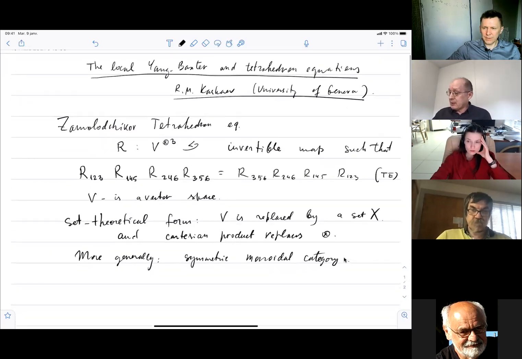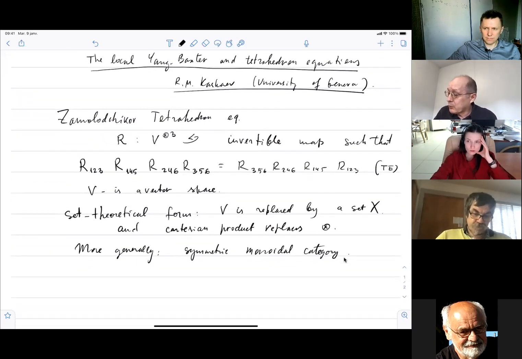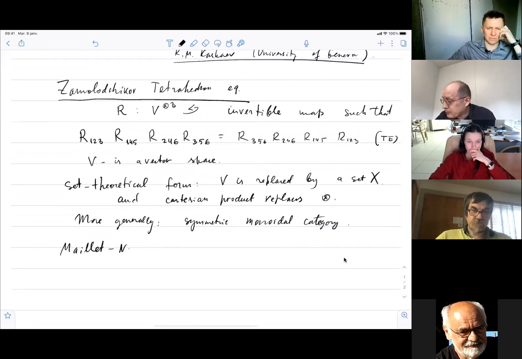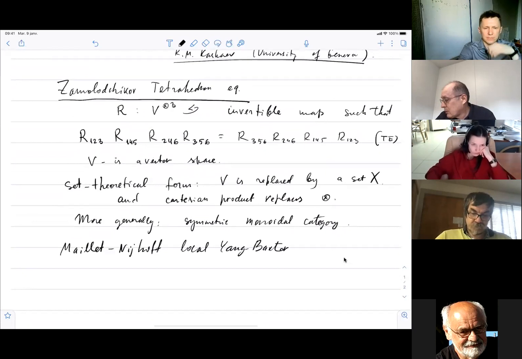So this is the first equation we are interested in, and the second equation will be a local Yang-Baxter relation, and I call it the Maillet-Nijhoff local Yang-Baxter equation.